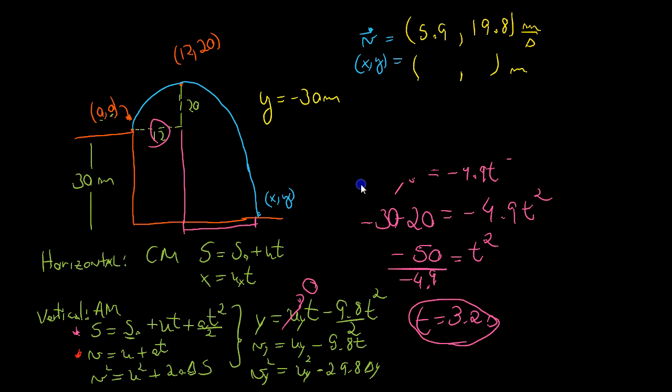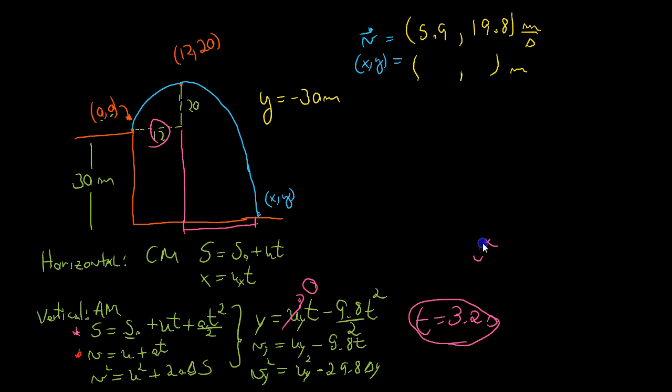So we're looking for the horizontal movement now. Go back to the same equation. We only have one equation for the constant motion. All right, the initial velocity on the horizontal is 5.9 meters per second, right? So this is the equation. So x is going to be equal to 5.9 times 3.2.